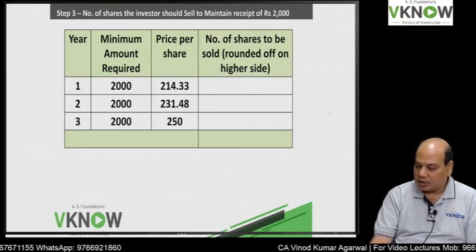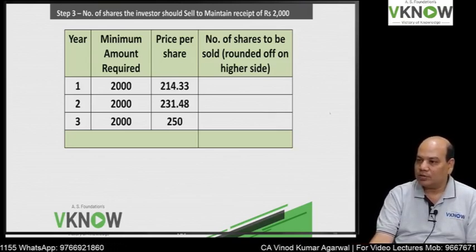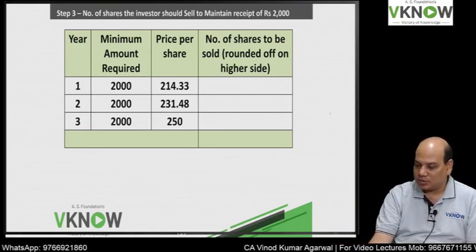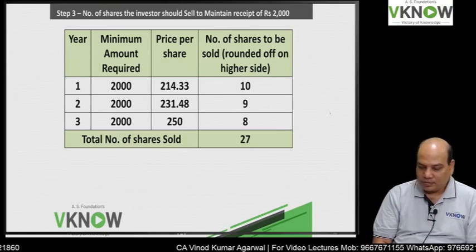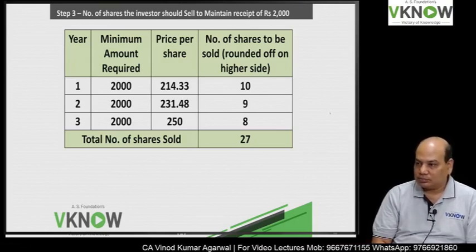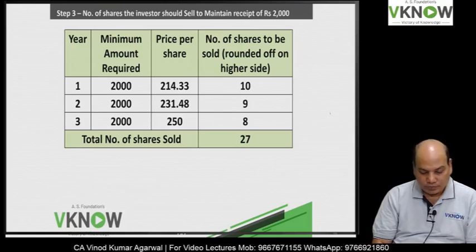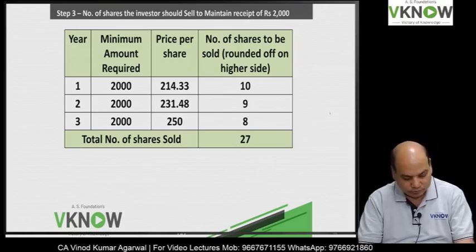Round off on the higher side, because if you round off on the lower side, you will not realize 2000 rupees. So check the answer. Is it 10? Is it 9? 8. So total how many shares you will have to sell? 27. Number of shares sold in 3 years is 27.